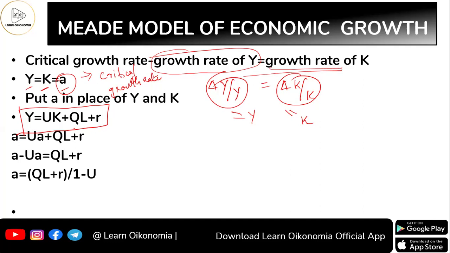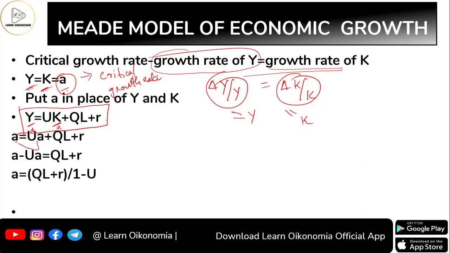Okay. Now, just take this equation and reframe it by replacing y and k with a. So this equation becomes, instead of y you write a is equal to uk. Instead of k you can write again a: ua plus ql plus r. Now what you have to do?